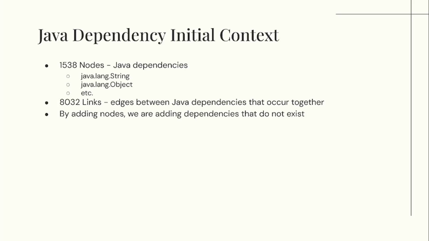Adding nodes would be simple in this case. You're just adding packages that don't exist. The packages can contain information that's malicious or some other attack vectors like additional injection.